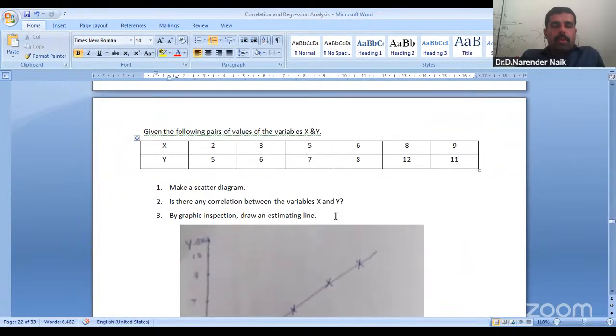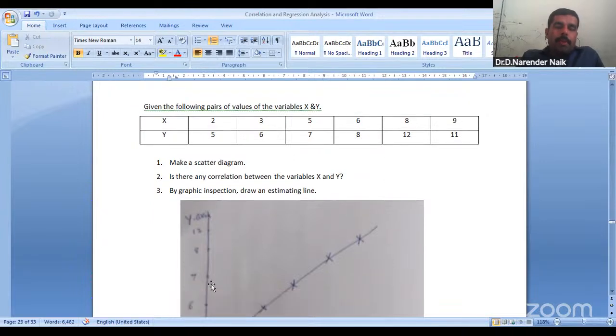Then we will see a small problem. Observe the problem carefully. Given the following pairs of values of the variables x and y.